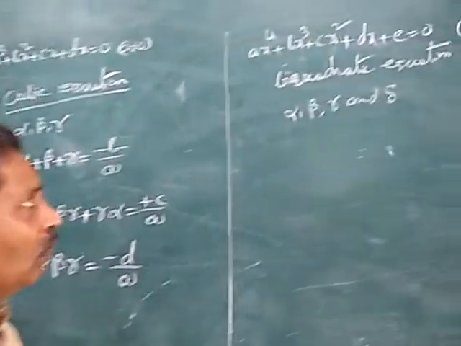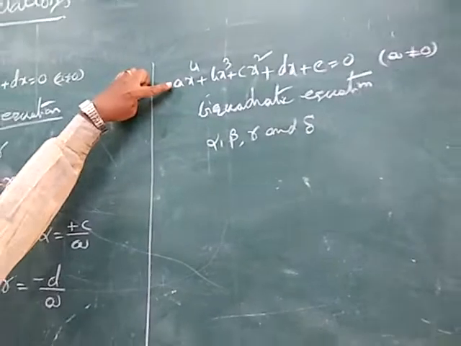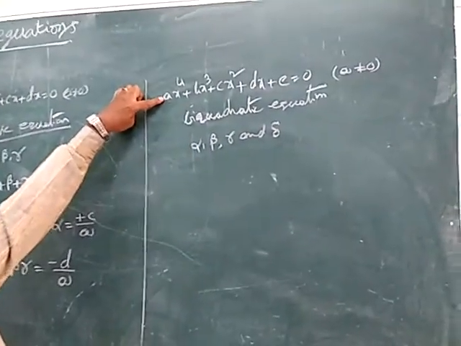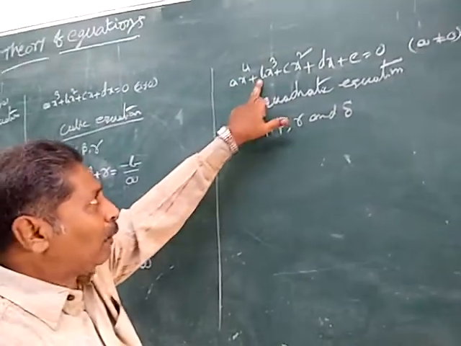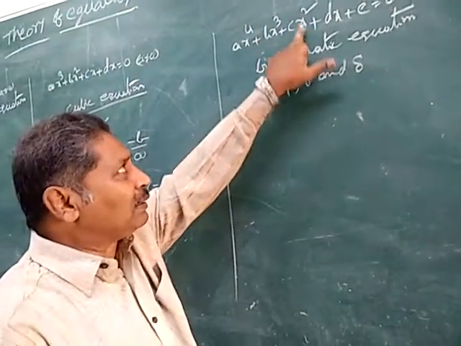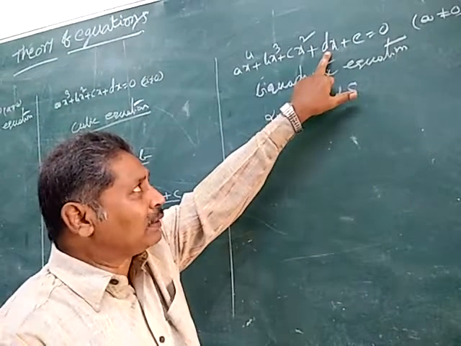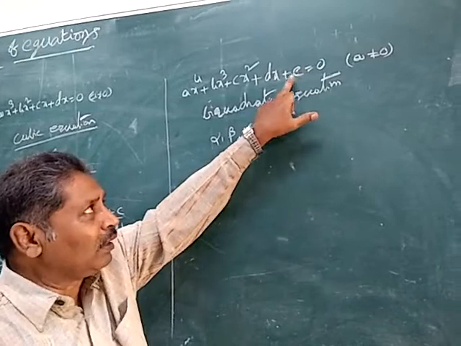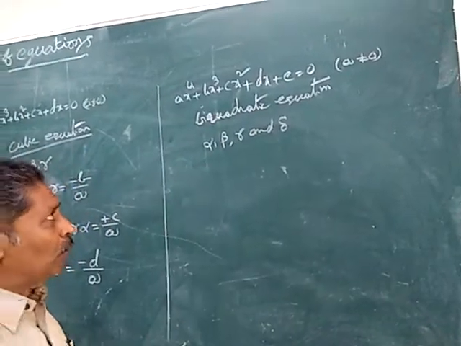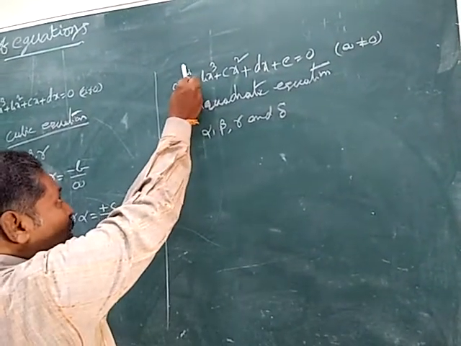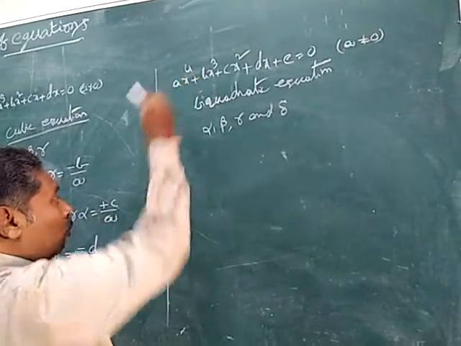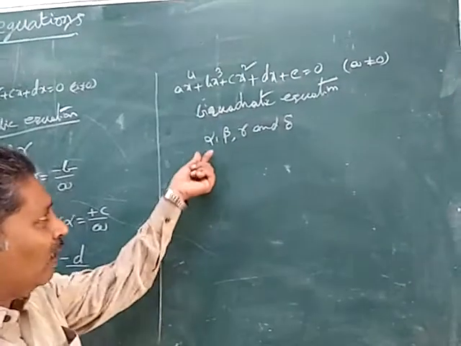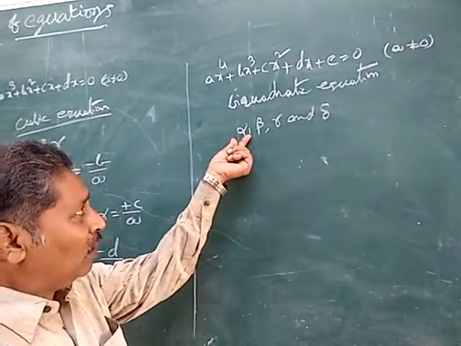Next, this is the biquadratic equation: ax power 4 plus bx cube plus cx square plus dx plus e equal to 0. The power is 4, so it has 4 roots.